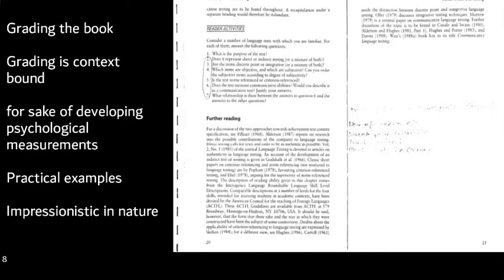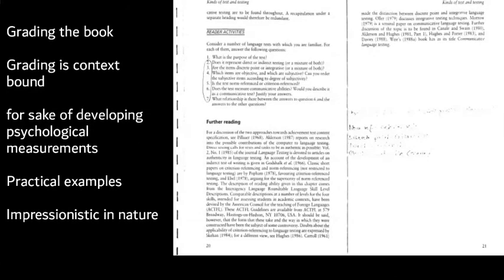And why I called this a non-scientific approach is because I haven't performed any kind of experiment in my classroom with my learners. Rather, I am evaluating the book before taking it for my students as a material. So I haven't performed any experimentation. It's just a pre-use evaluation. I am observing the things by myself. And grading is context bound.